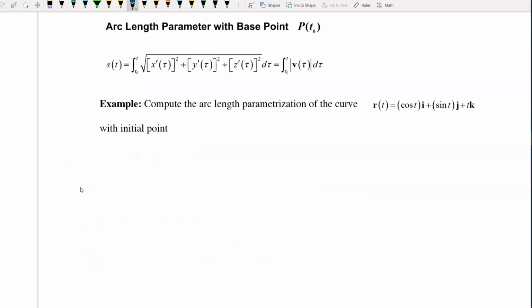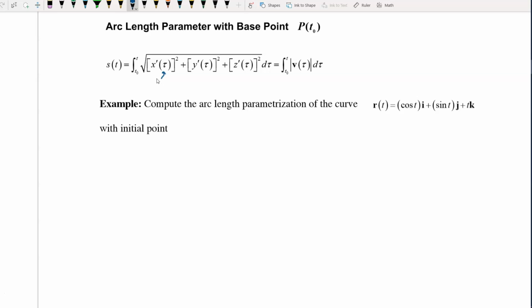Arc length parameter with base point t naught. Here we have arc length in terms of an outer variable s, and s of t is equal to the integral from t naught to t of the square root of x prime of tau squared plus y prime of tau squared plus z prime of tau squared d tau.